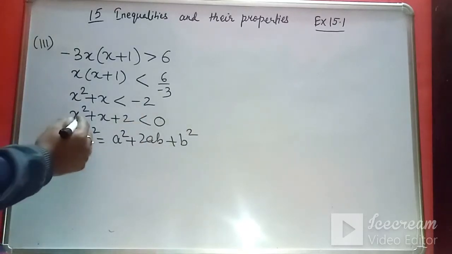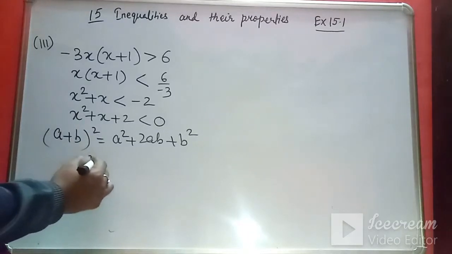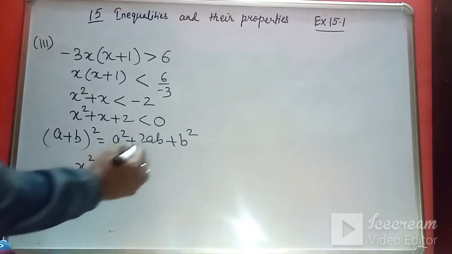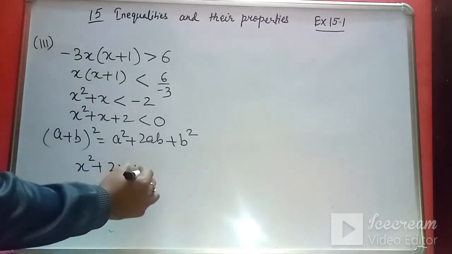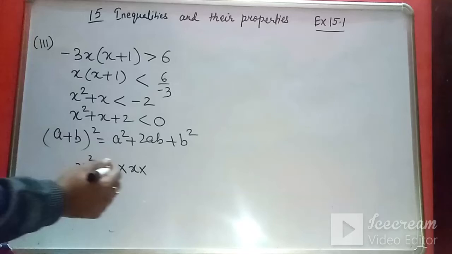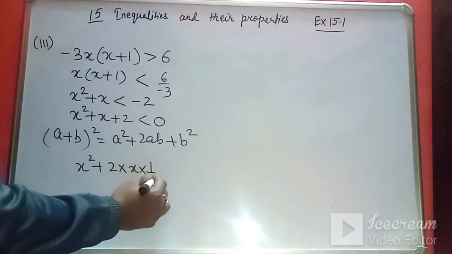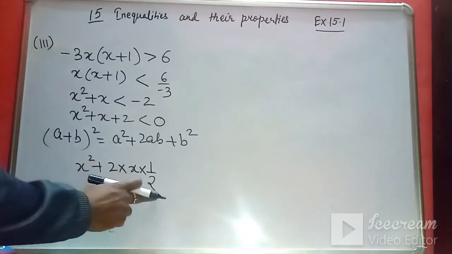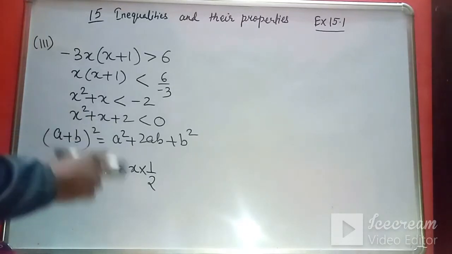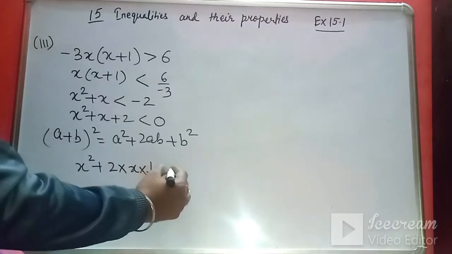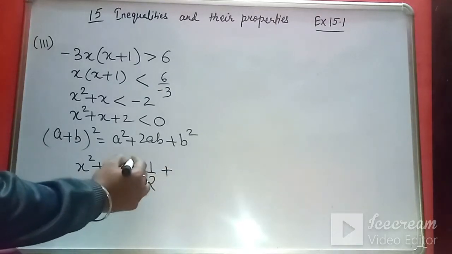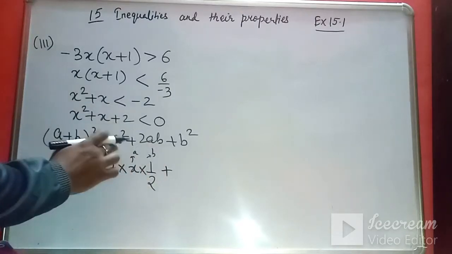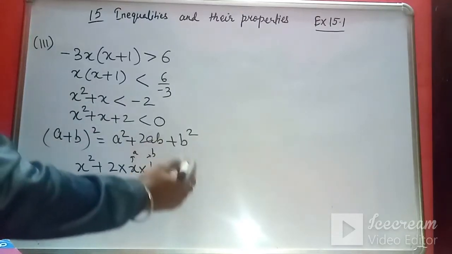Okay, so my a will be x, into 2 into a. A is x, and since it is only x, I am going to divide it by 1 by 2. Okay, so when you see it is 2 and 2 will cancel, so it will be x only. Now this is my x, this is my a, and this becomes my b. So it is a square plus 2ab plus b square.